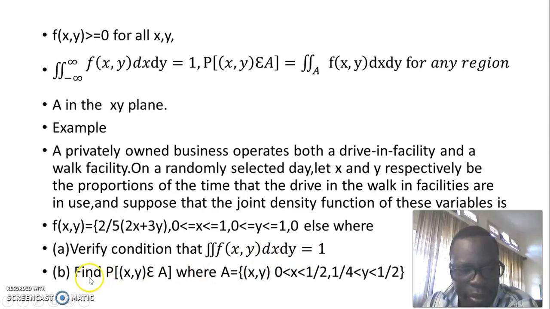And the second question is to find the joint probability of xy such that this xy is an element of A, where A is the region whose interval for x is between 0 and 1.5, and y is between a quarter and a half.